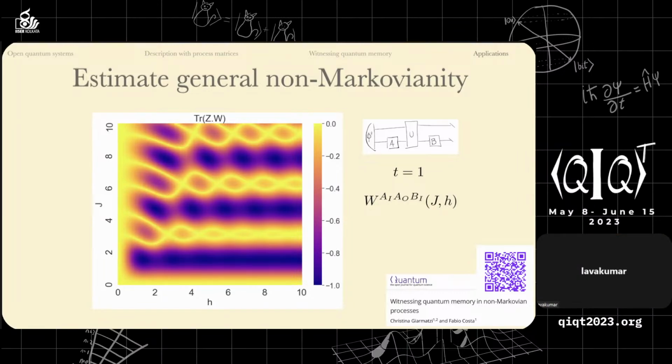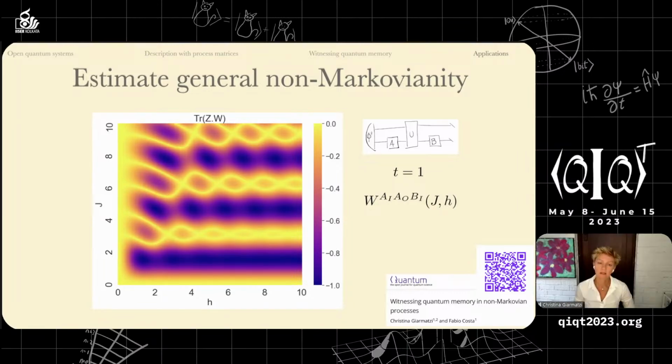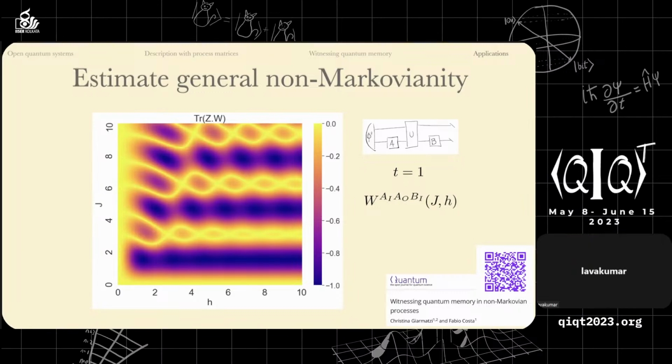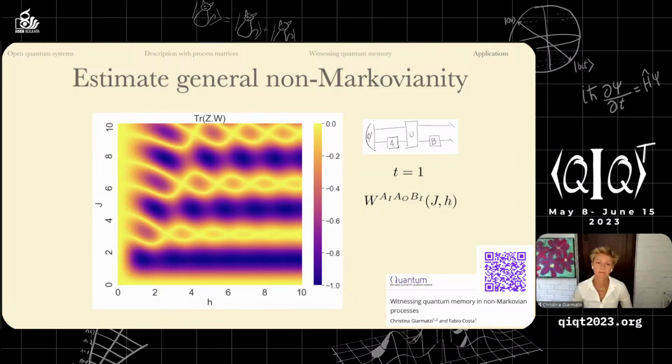Once you have that this state is entangled, you're saying that this process matrix has quantum memory. So if we calculate this witness using this process matrix, we can be sure that there is a quantum memory in this system. Yeah.